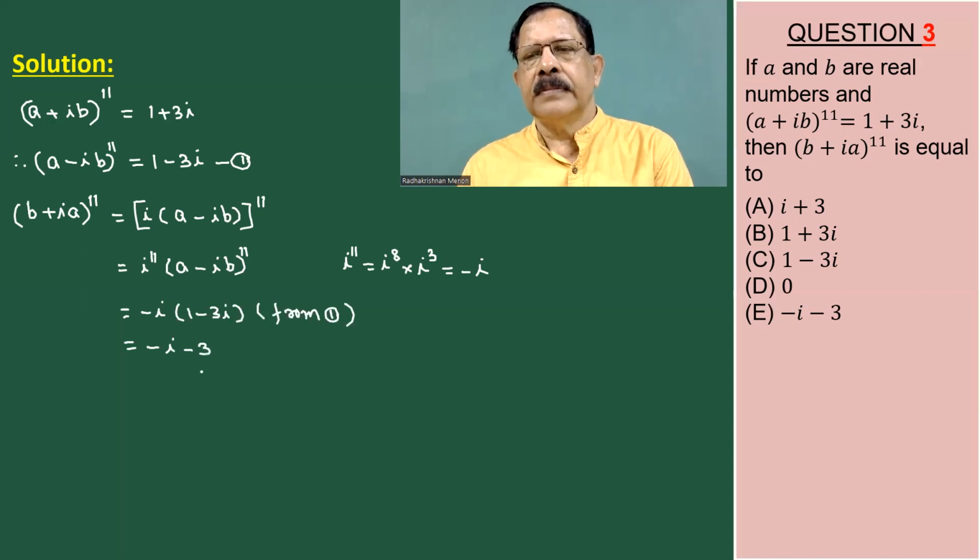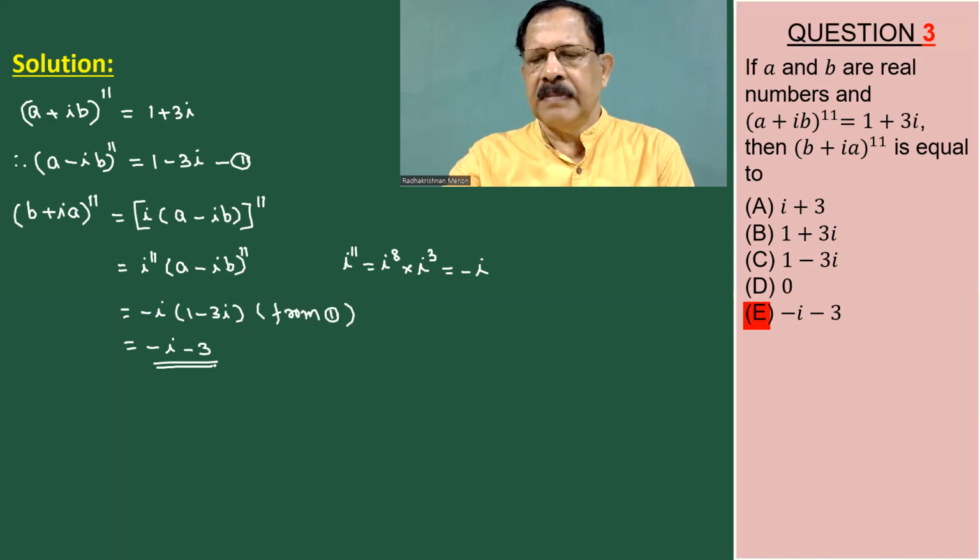So minus i minus 3. Yeah, it is there in option E. Correct. Minus i minus 3. Actually, we have to write it in the standard form, that is minus 3 minus i. No problem. Whatever is there in the options, we have got it.